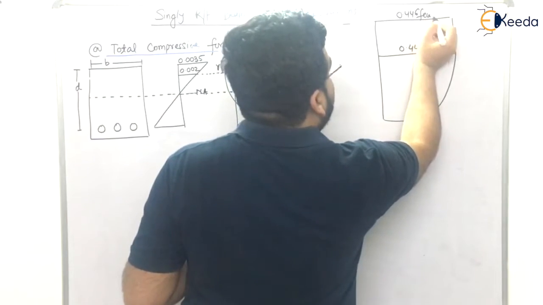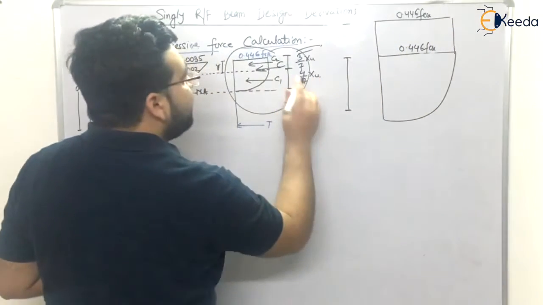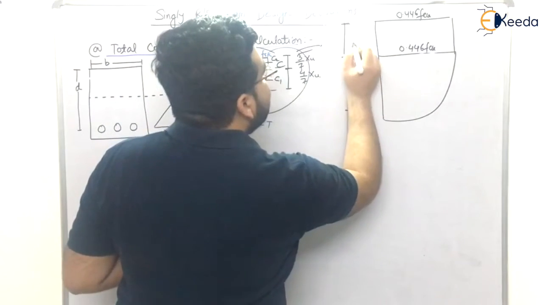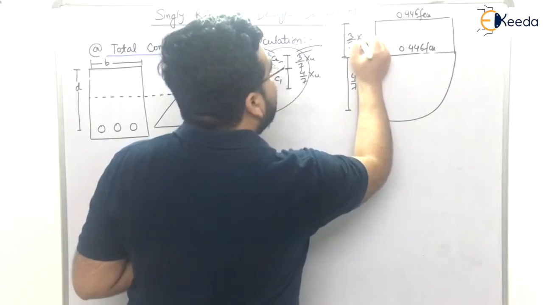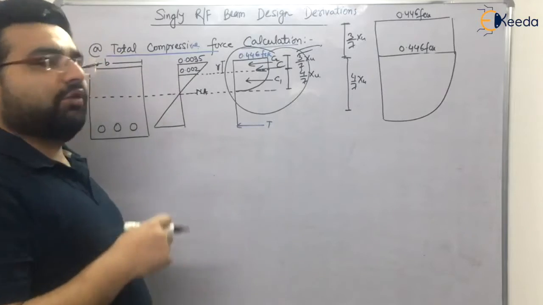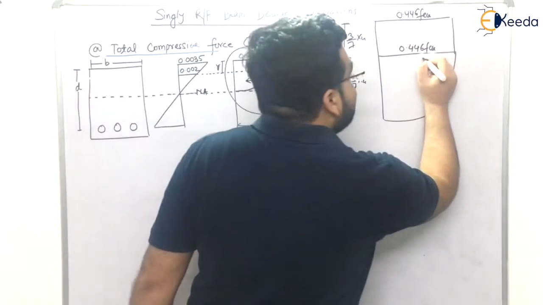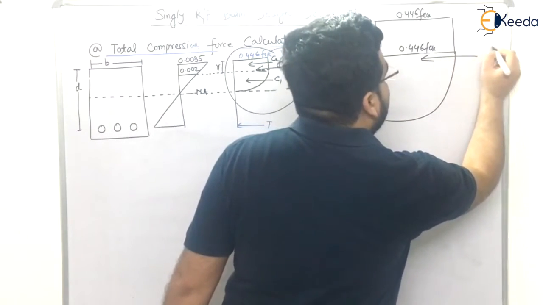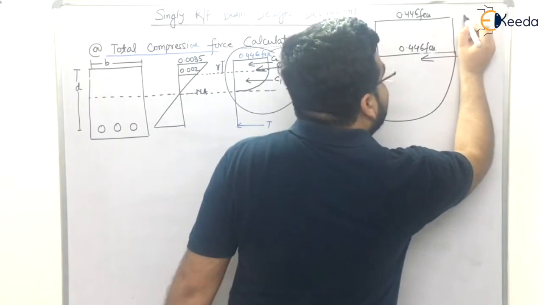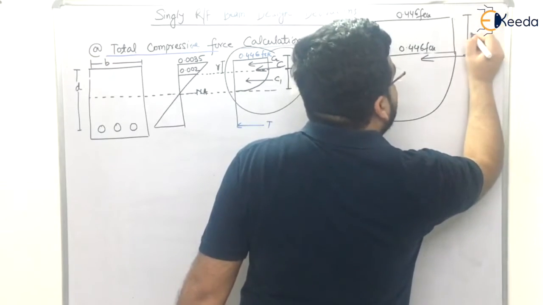This distance is how much? This distance is 4 by 7 XU, and this distance is 3 by 7 XU. Simple. Now, I have to determine the center of this force. It means that at which point this whole force is actually acting. Let us say this whole total C is acting at a distance of, let us say, Y.